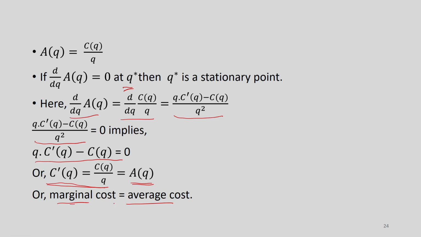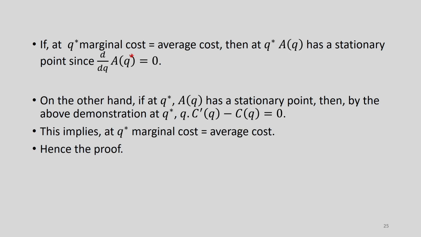If the marginal cost and average cost are equal at a particular quantity level q star, then that means that the first derivative of the average cost is equal to 0, which means that q star is a stationary point. On the other hand, if at q star A(q) has a stationary point, then by the above demonstration, the first derivative of the average cost is equal to 0, and that means marginal cost is equal to average cost.